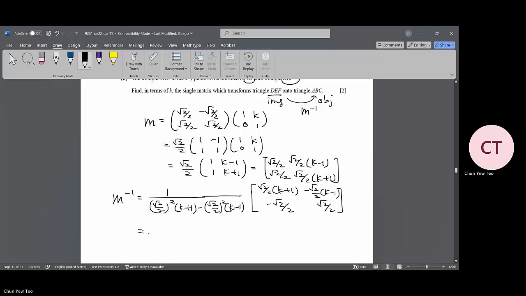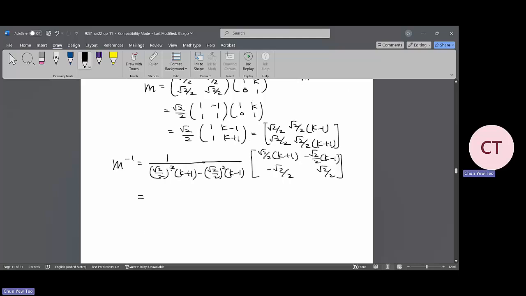Okay, so it's a bit troublesome. We can actually simplify it. So you get this one as 2 over the K plus 1 minus K plus 1. So it's a 2 over 2. This one is 2 over 4. Okay, sorry.